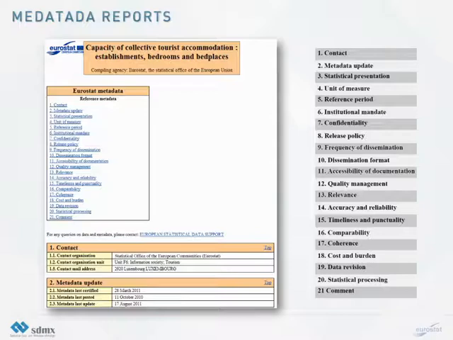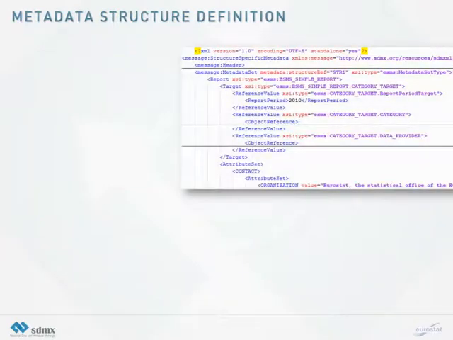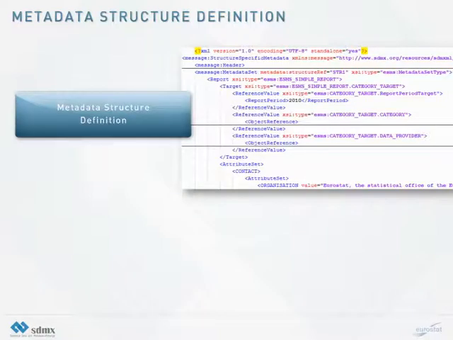In the same way as we define the structure of the table in a data structure definition, we also need to describe the structure of the metadata report. In the SDMX information model, this is done with the so-called metadata structure definitions.